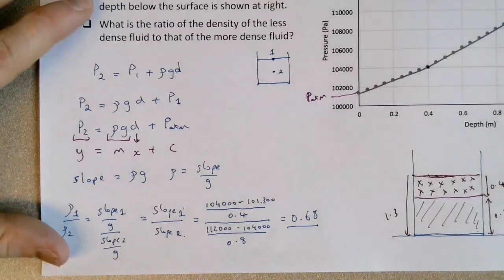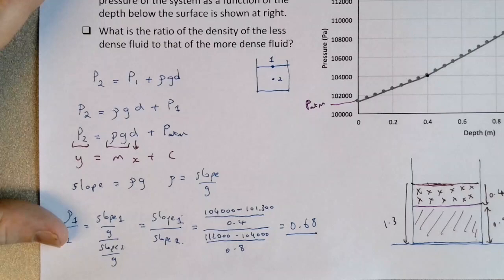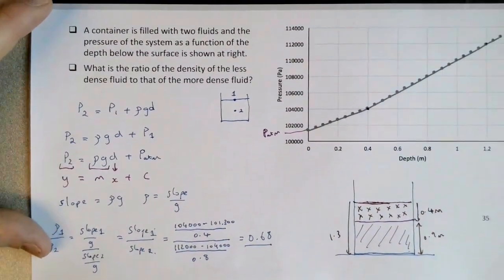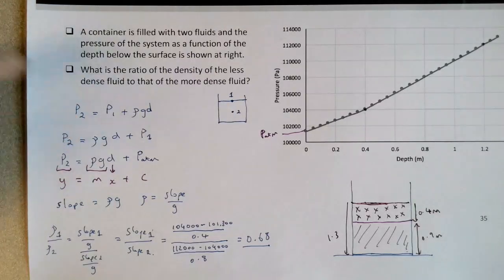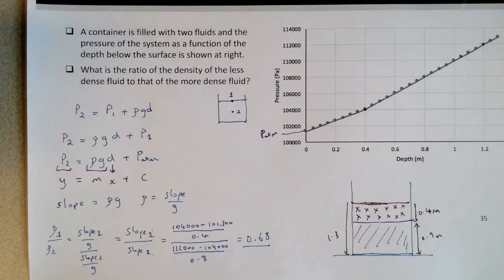But I wrote this question as a new idea of linking the pressure and depth and representing it graphically, and showing that if you're plotting as a depth from the surface, then the slope of the line can be linked to the density of the fluid.